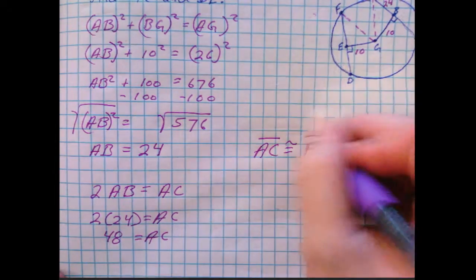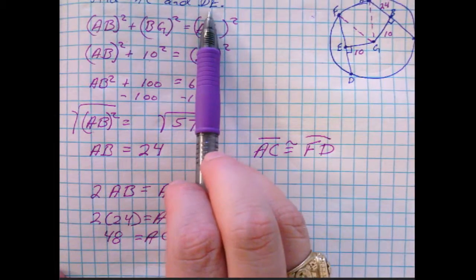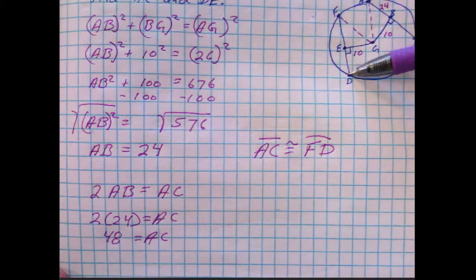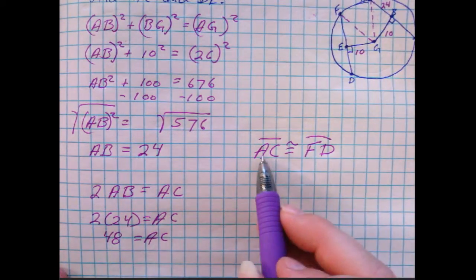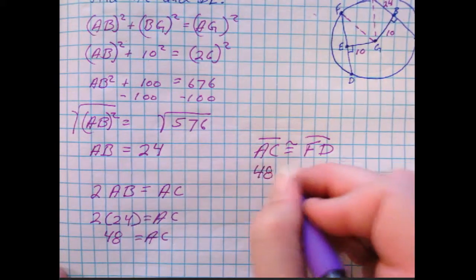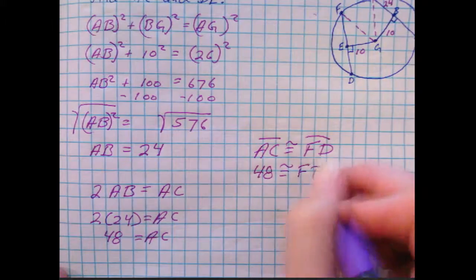But they asked for DE, which is only a piece. So if AC is 48, it's congruent to FD.